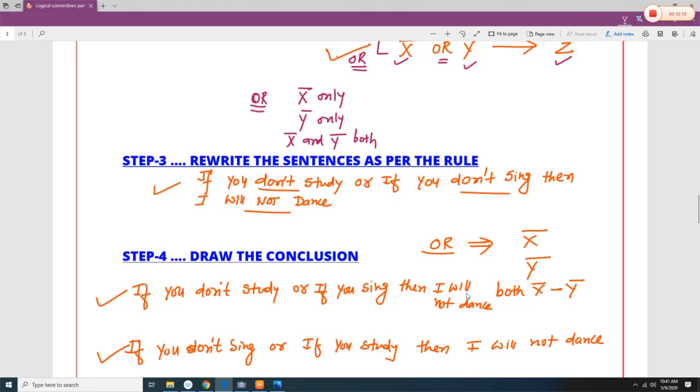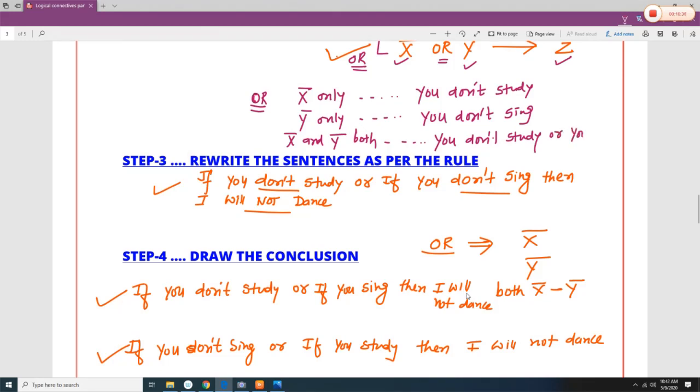So X bar means you don't study, Y bar means you don't sing, and X bar and Y bar means you don't study or you don't sing.